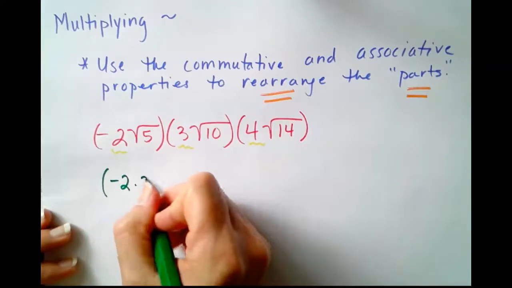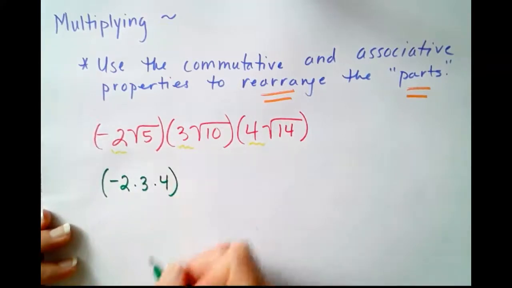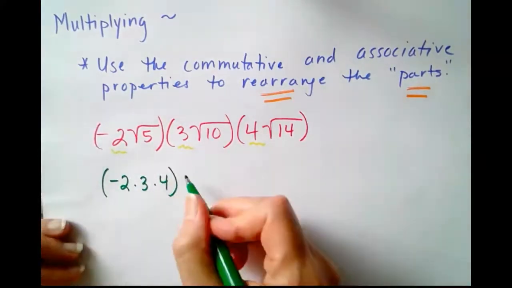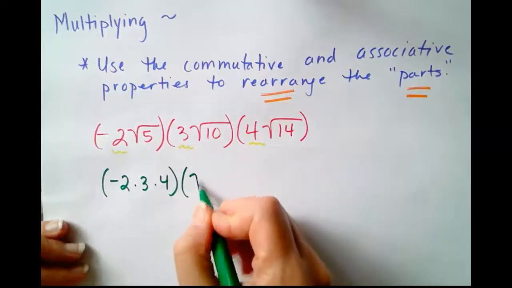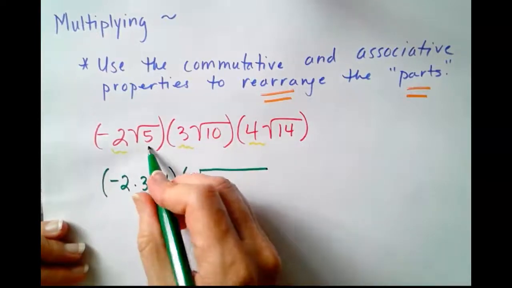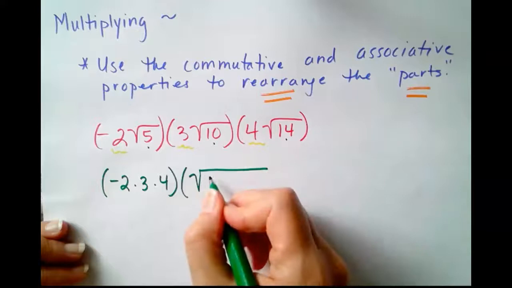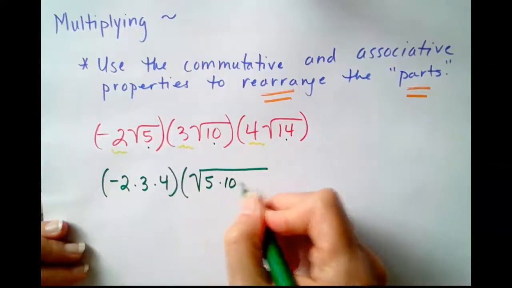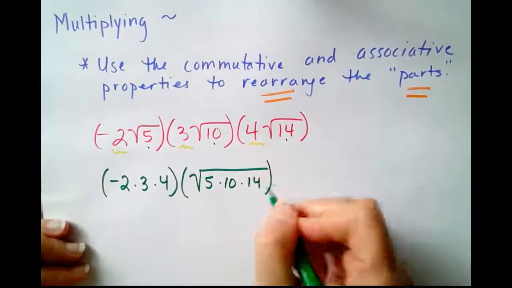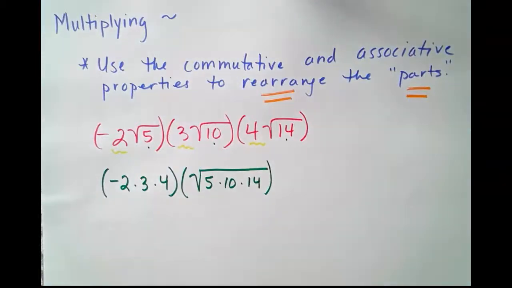So negative 2 times 3 times 4. And then I'm going to put together all under one radical, the 5, the 10, and the 14. Now, 5 times 10 times 14 is 140 times 5, which is 700. That's fantastic.